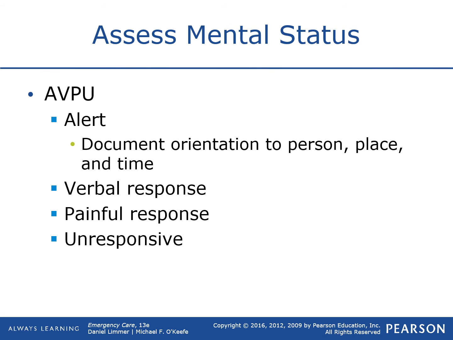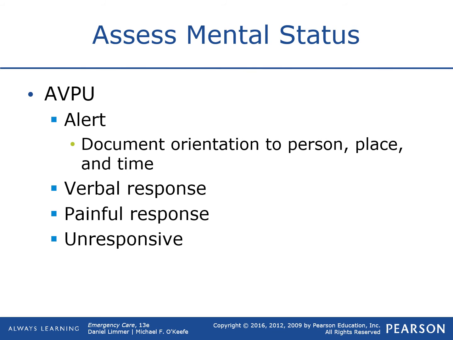If they are not alert, you need to find out how altered they are. So the V in AVPU stands for verbal response. So that's someone whose eyes are closed, they don't respond to you as you walk up, and you say their name or you say hello, and they open up their eyes and they can talk to you, but then when you stop stimulating them by talking to them, they go back to sleep.